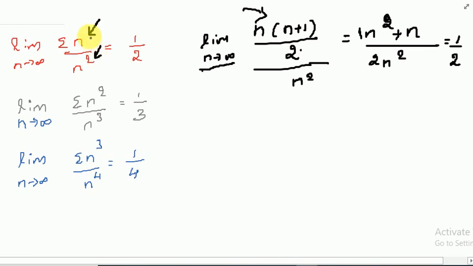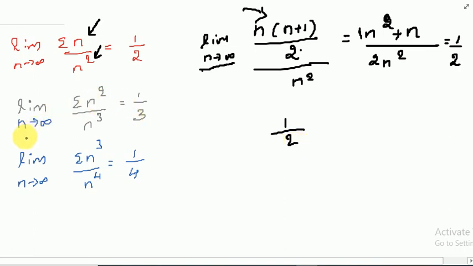Whenever the difference between the degree of the numerator, with summation, not after expansion, and the degree of the denominator is 1, then the answer will be 1 divided by the denominator's degree. For the first one it is 1 by 2 here.